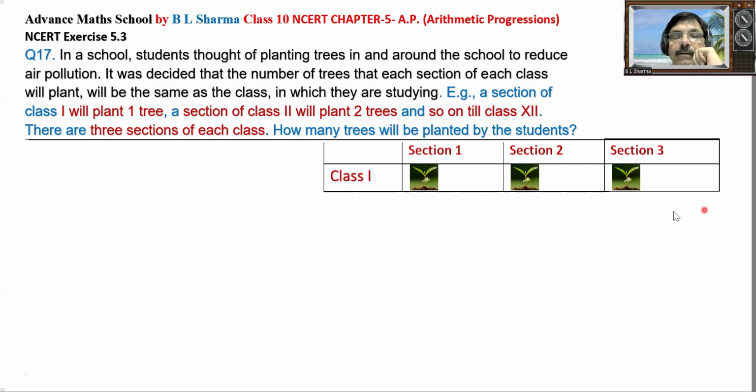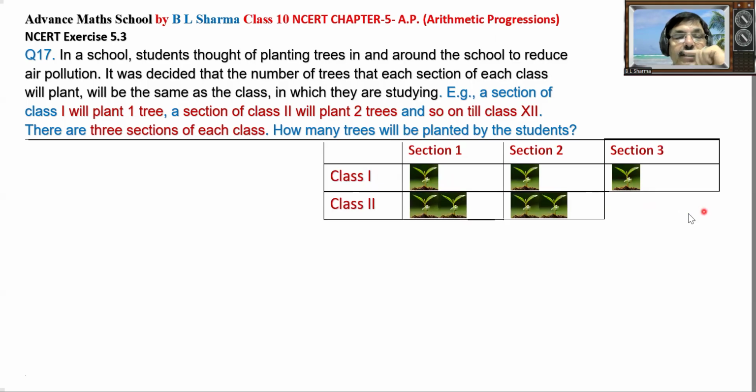Similarly, for class 2, each section will plant two trees. Section 1 2 trees, section 2 भी 2 trees, और सेक्शन 3 भी 2 trees.